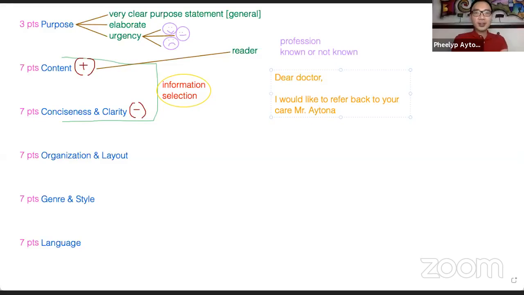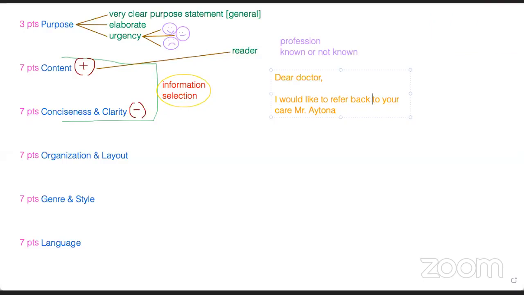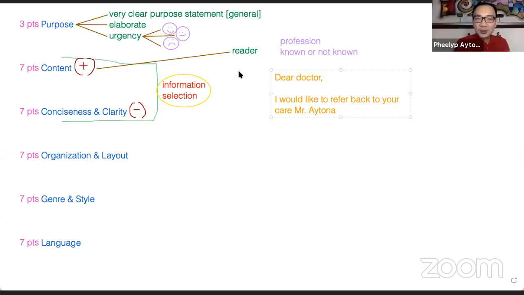Ngunit sa Oxford English Dictionary, parang may sinabi ang OED na it's contradictory kasi refer daw means first time, back means not first time. So it's kind of contradictory. Transfer back, yeah, maybe. So why don't we just say return? Di ba? Kung doon naman siya galing. I would like to return to your care.